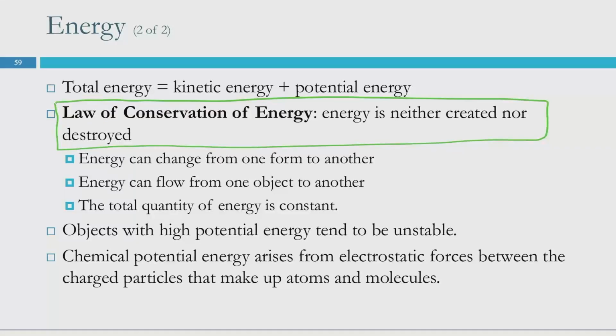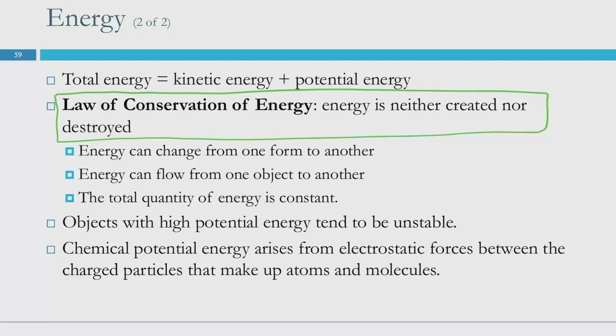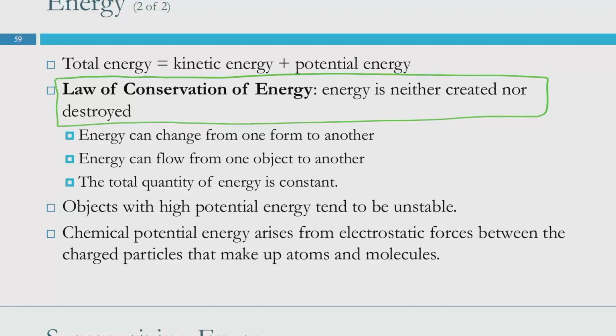We're not going to make new energy, we're not going to destroy energy. It can be transferred from one form to another, like the potential energy turning into kinetic energy, and then maybe the potential or the kinetic energy turns into thermal energy, which is less easy to see sometimes. But the total amount of energy is going to be constant.